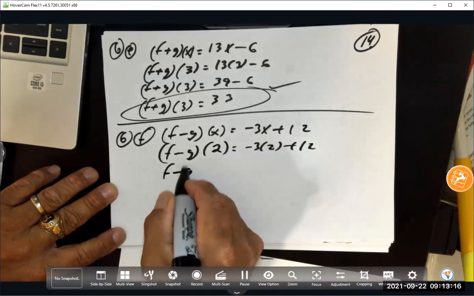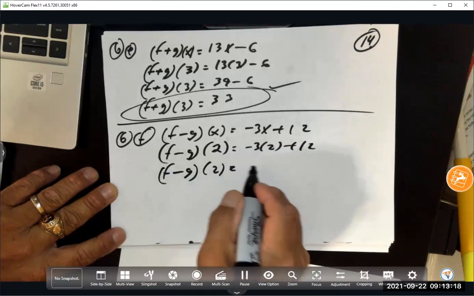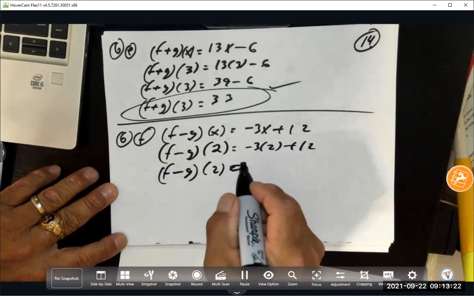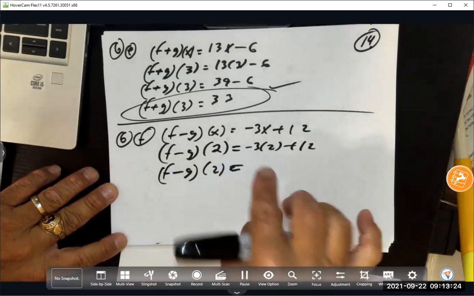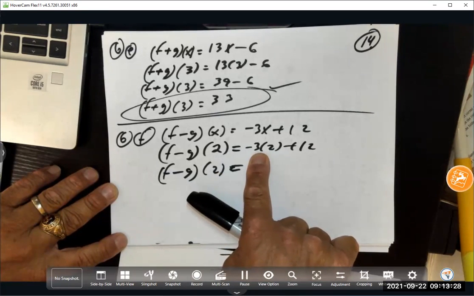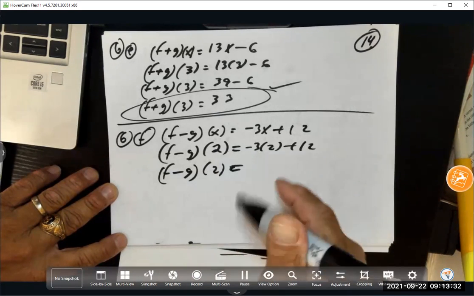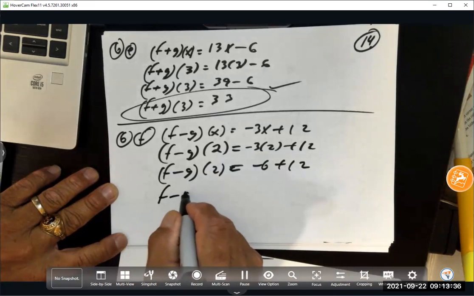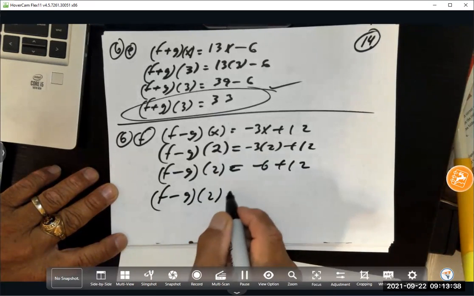So F minus G of 2, you tell me, what's the negative 3 times 2? Negative 6. Yes. And if I put those two numbers together on my calculator, what do you get?